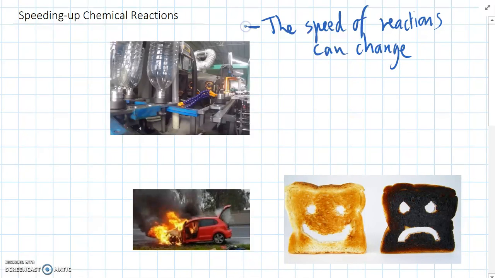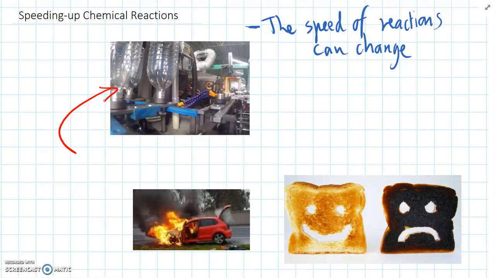And this has a few important benefits, particularly for factories and industries, but also for us as well in our everyday life. So firstly, if we're looking at factories, and here's a picture of a factory that makes plastic bottles, they need to do chemical reactions in that factory to make those bottles.